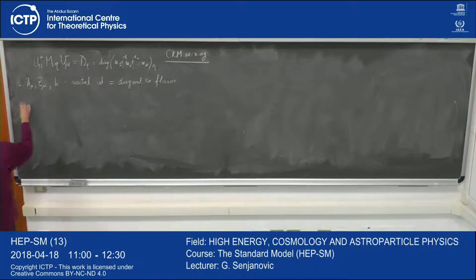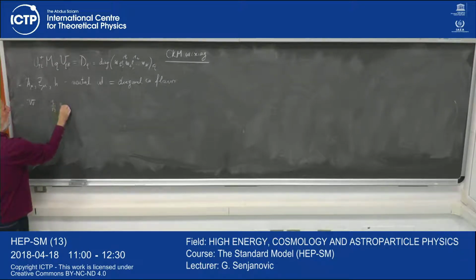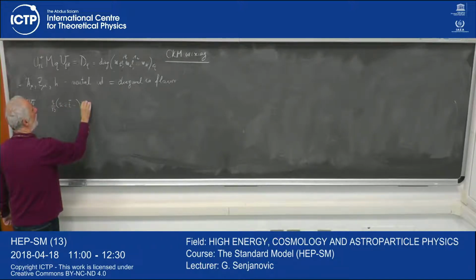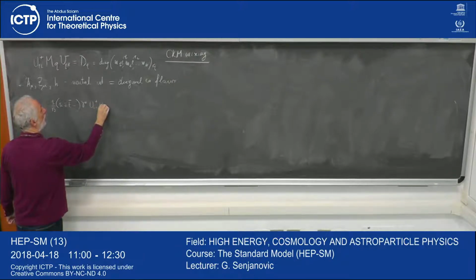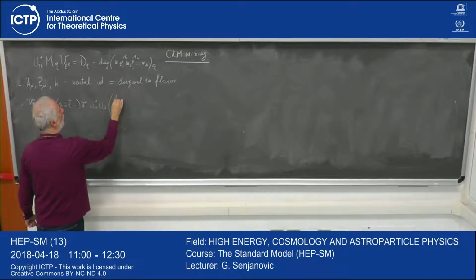And then, of course, the W cannot be diagonal, because its interaction, we found out, had this form, gamma mu, U_L up dagger, U_L down, d, s, b.